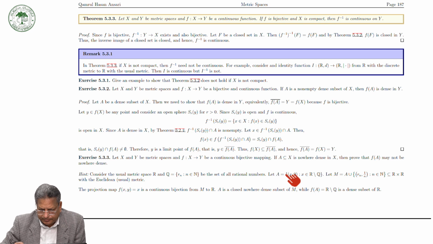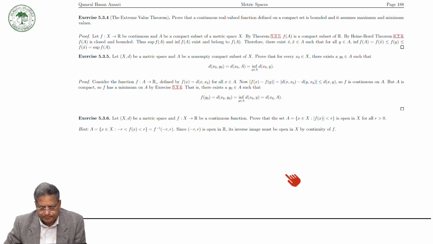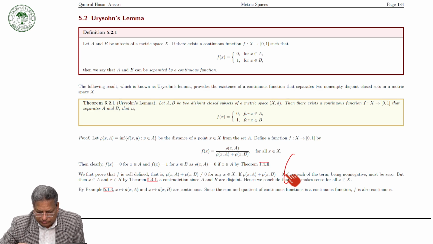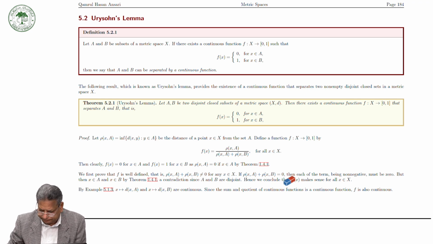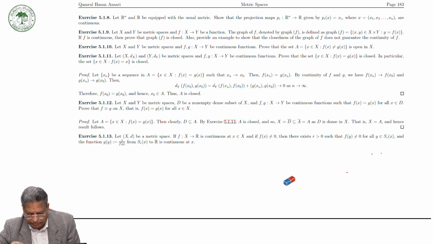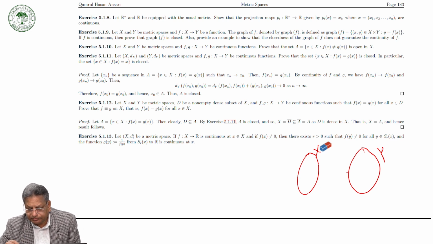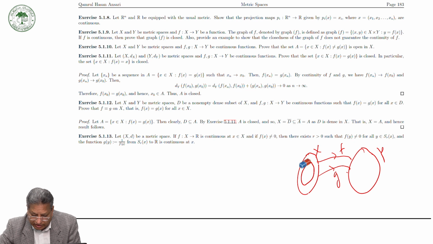So suppose you have a metric space X, and you have a metric space Y, and two functions f and g from X to Y, such that the values of the functions agree on D, and D is the dense set.